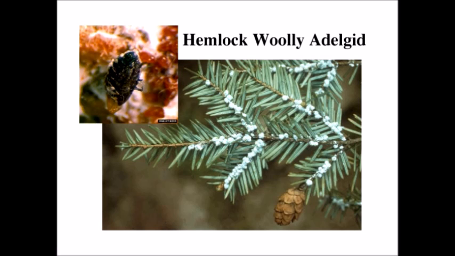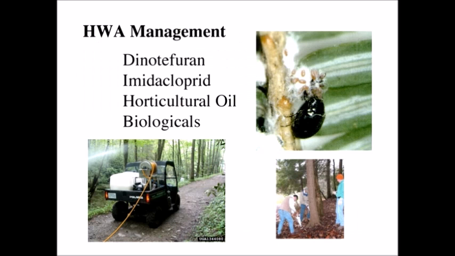But this is an introduced insect that has been moving down into the state and across the state wherever hemlocks are found, and it's a bit like an aphid, but there are some differences, and it likes to stay protected in this little fuzzy, woolly material here, so that protects them from predators and somewhat from pesticides.